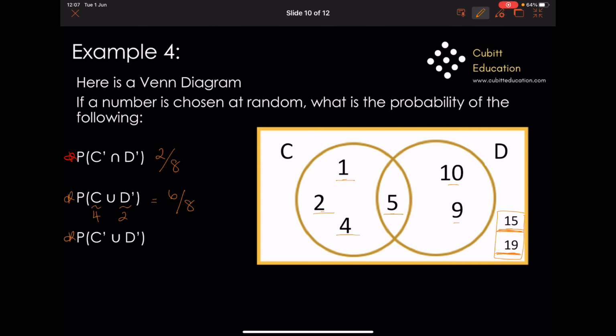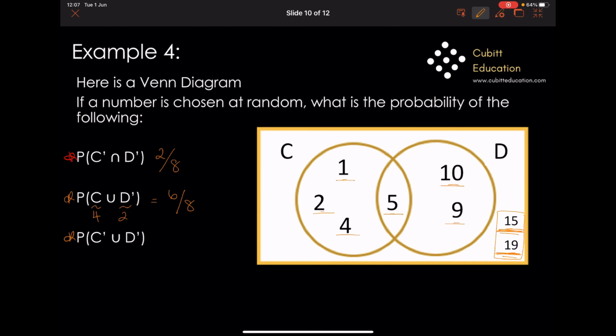Then finally this last one is saying, what is the probability of getting the complement of C union the complement of D? So what is the probability of getting not C and not D? We need the probability of not C, which is this one and this one, and this one and this one.